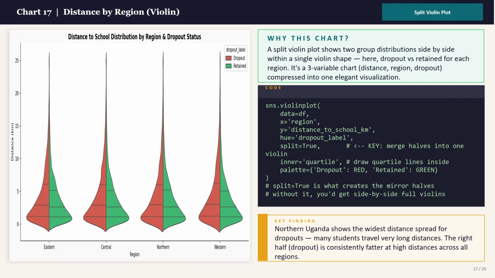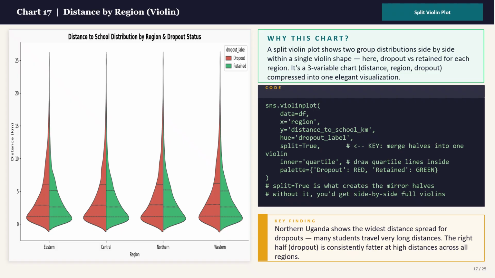So we have the Seaborn call sns.violinplot, with data equal to df, x equal to region, y equal to distance to school, hue equal to dropout label. Those are the colors you see. Split equal to True, so we're splitting them side by side.